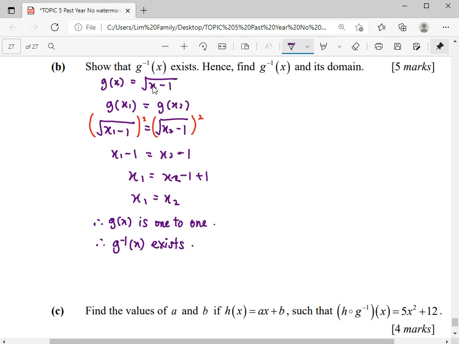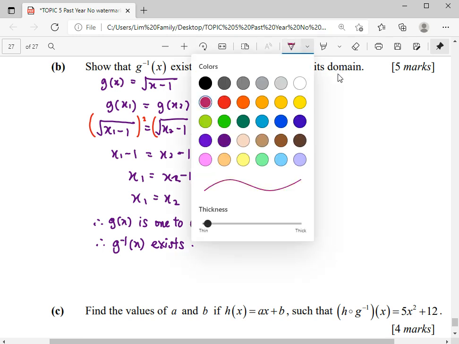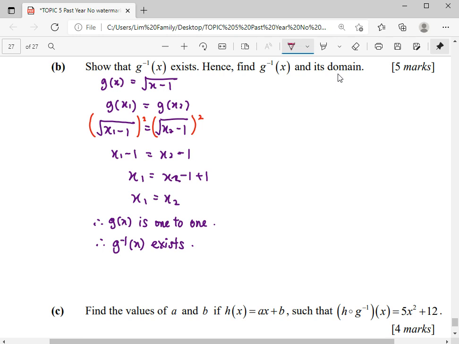After showing that g inverse exists, we are going to find the function of g inverse and state its domain. To start with the inverse function, we let g inverse of x equal y, then g(y) equals x.